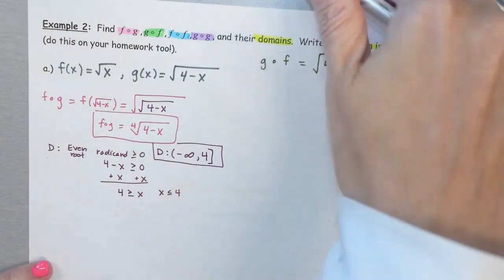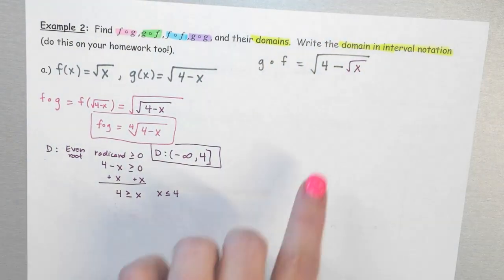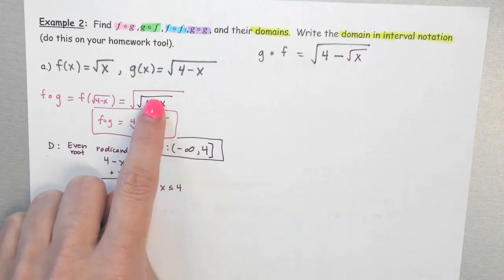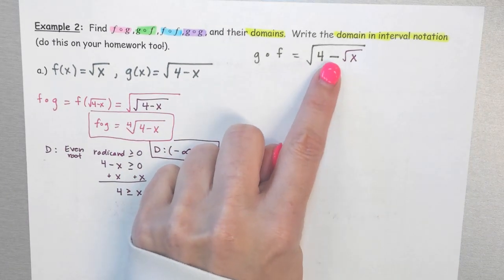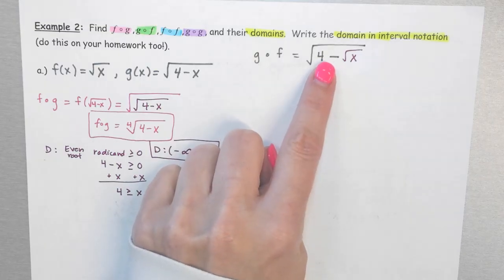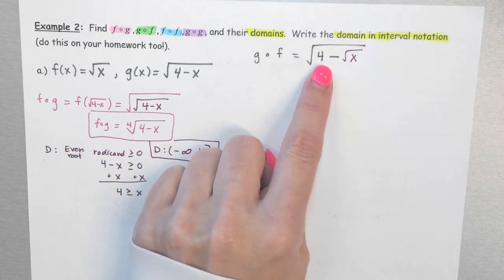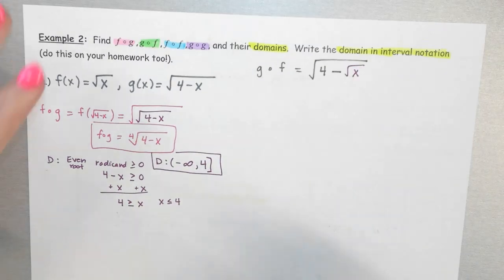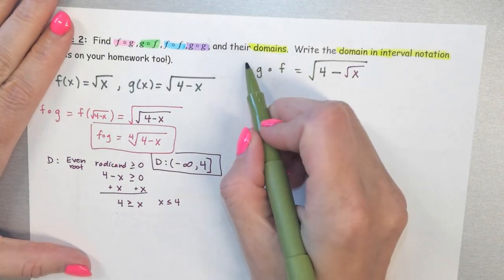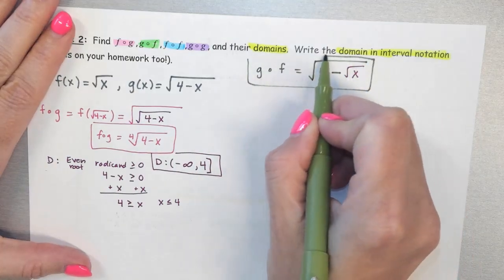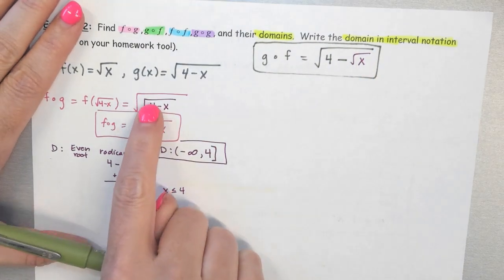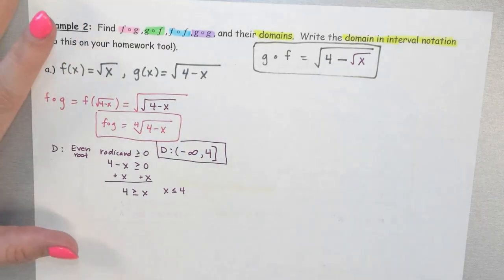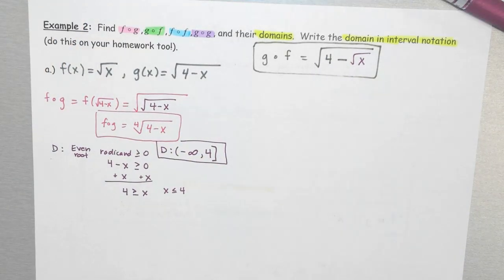Now for this, you have a root within a root, but it's different than this because here you have this 4 minus on the outside, so you do not simplify this. This is going to be your final answer. You can only simplify if the root is right on top of the other one and there's nothing added or subtracted to the outside.